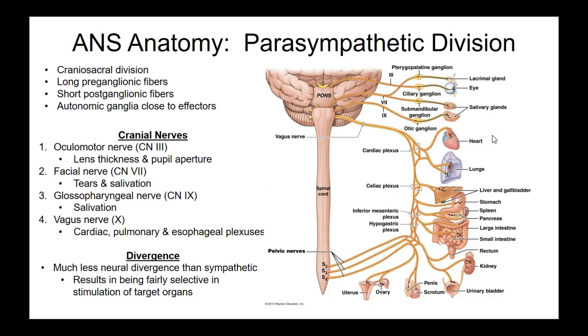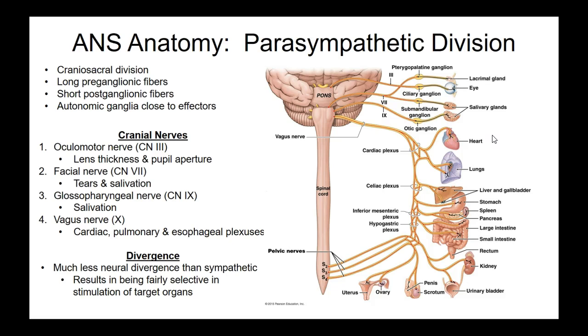Now, one of the anatomical differences is that the nerve outflow from the CNS for parasympathetic is what we call craniosacral, meaning that they're coming out of the cranial region as well as the sacral region. So you might guess, all right, well, where is the sympathetic?